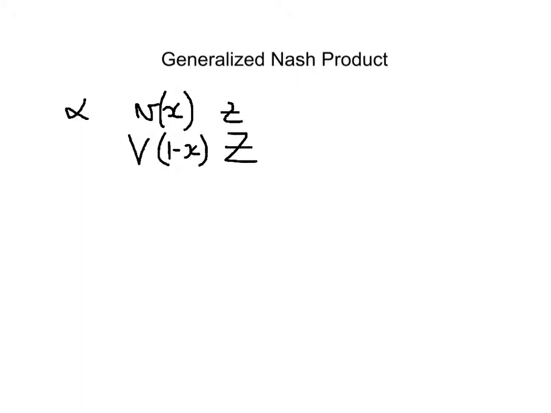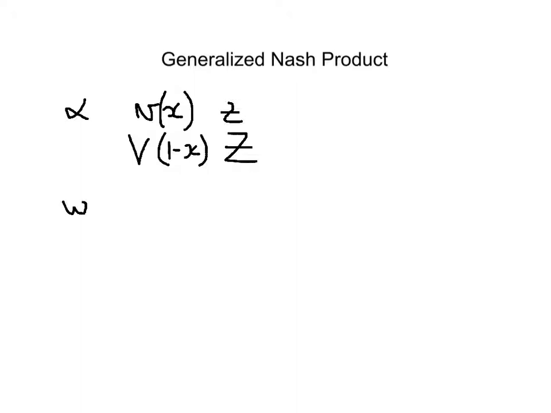You've got alpha, which is still the share of the surplus going to the first person, who is getting utility v of x. And small z is the fallback position for the first person. For the second person, they get a utility function capital V, defined over whatever remains to them, and their bargaining fallback position is capital Z.